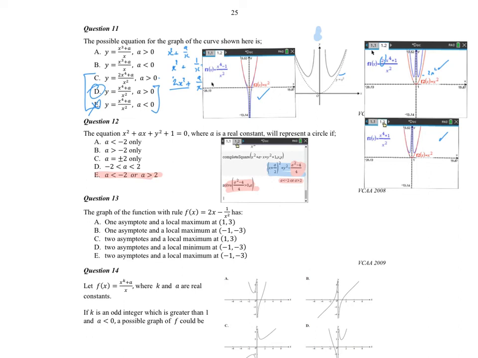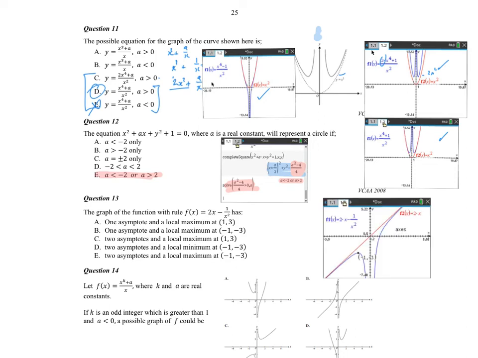The graph of the function with the rule f of x equals (2x minus 1) on x squared has... Okay, so again, it's something we could easily sketch. And again, I hope we're starting to get a feel that my 1 on x squared's got my one vertical asymptote at x equal to 0. 2x is my oblique asymptote, and you can see the graph here, the line y equals 2x, I just popped it in there.